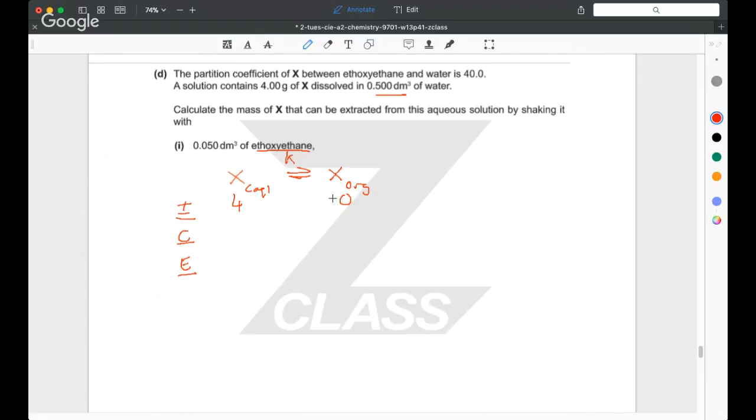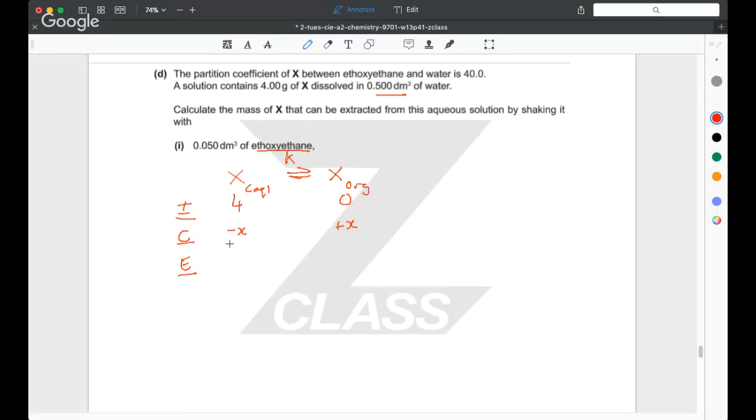Now, at the moment, we don't know how much of it has gone from the aqueous phase to the organic phase. All you can say is that some of it, let's call it little x, has left the aqueous phase, and the corresponding amount has gone into the organic phase.